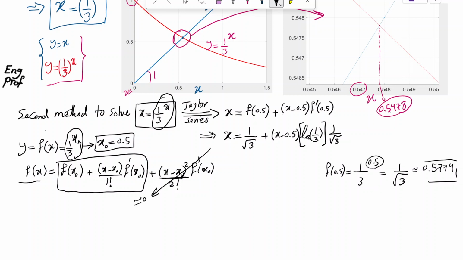Okay, so the nice thing is I can just multiply both sides of this equation by root 3, and what I get is root 3 x is equal to 1 plus (x minus 0.5) ln of 1 over 3. The last step here is just moving x and shuffling things around in this equation and then solving for x.